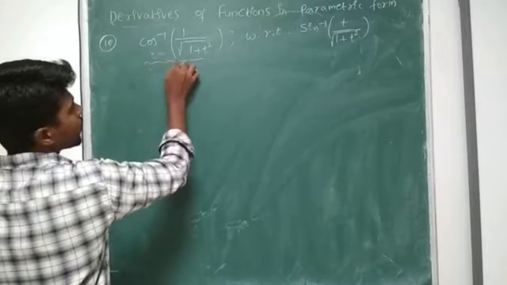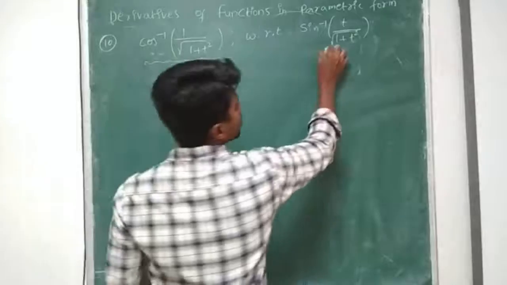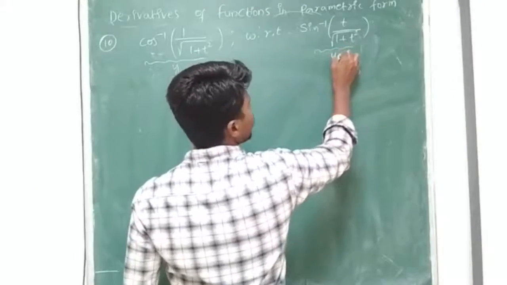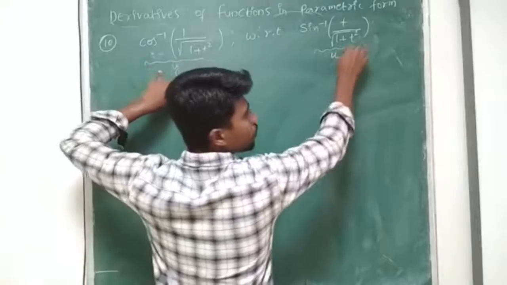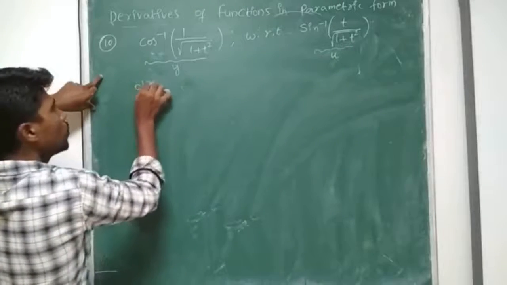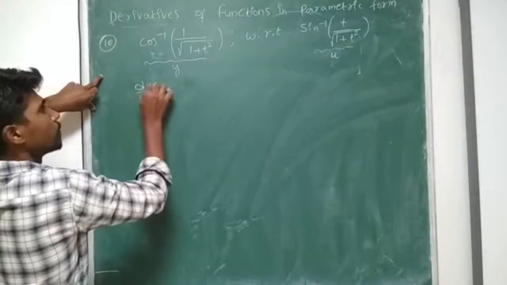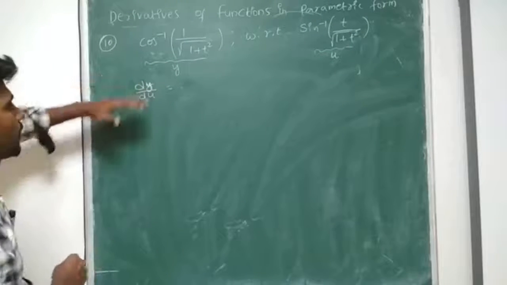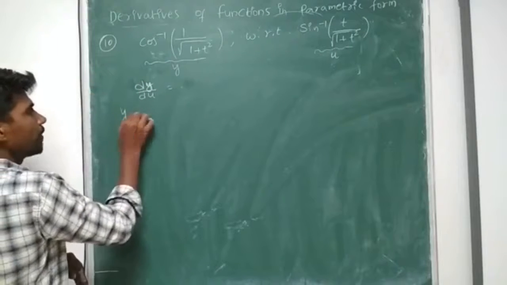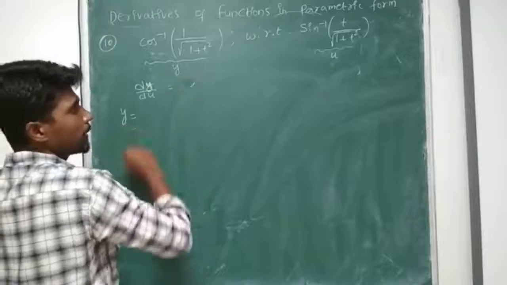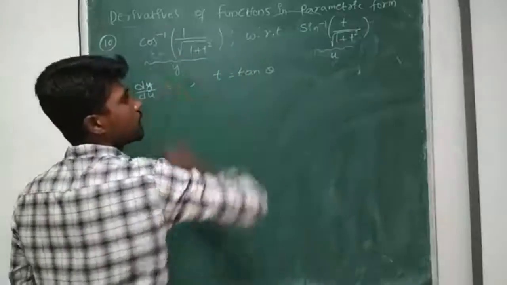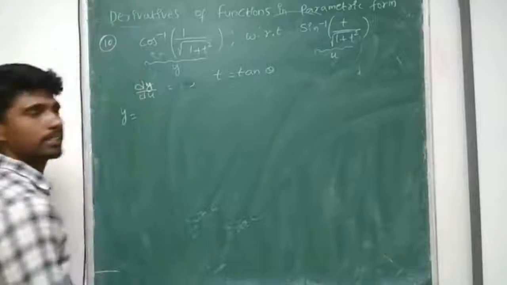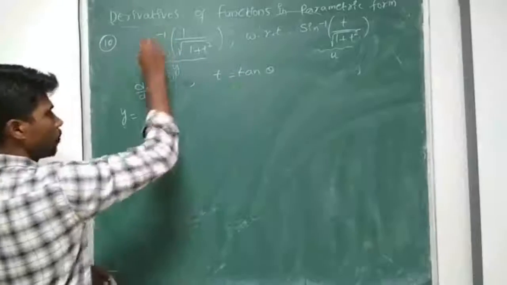First consider this particular one as y and this one as u. Differentiate y with respect to u, so I have to find dy by du. For that I am simplifying y first by replacing t as tan theta. If I replace, what do I get?